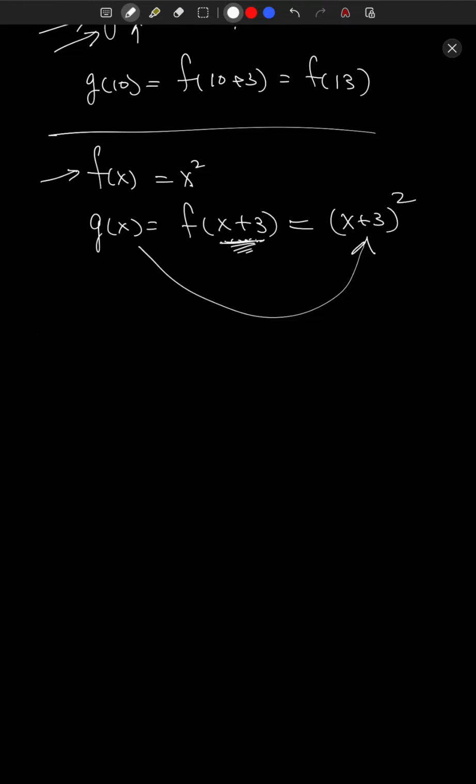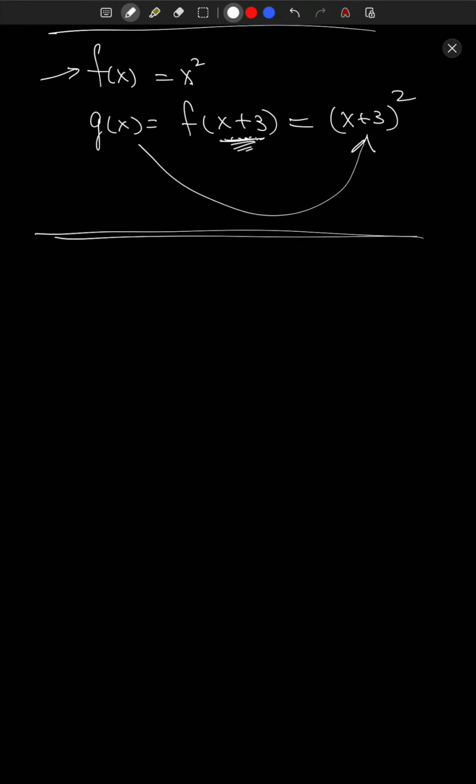So the real question we want to ask in this section today is: if I start out with a function f of x and I know what its graph looks like, what is the graph of g of x equals f of x plus 3? What would the graph of this look like?